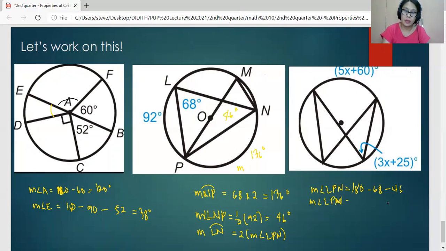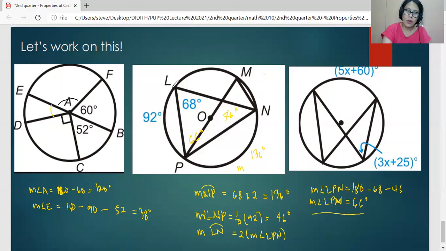So this is 180 less 68 less 46, and we have 66 here. Okay. So LPN is 66 degrees.